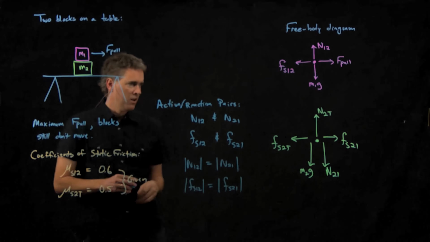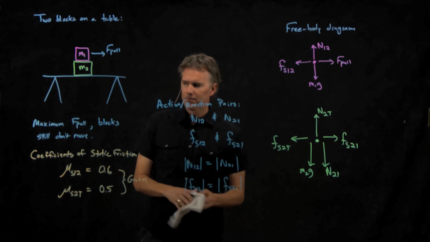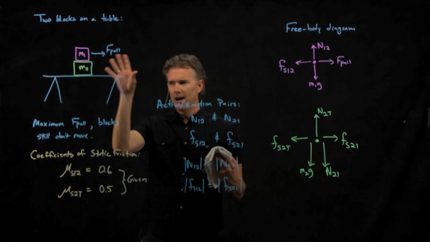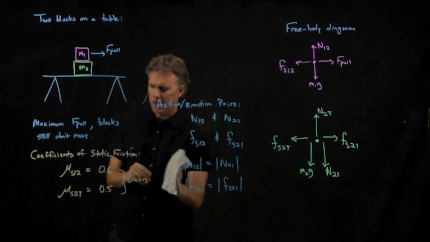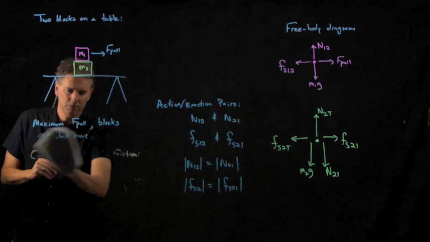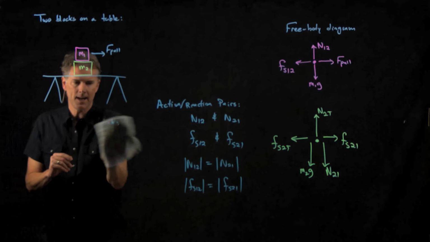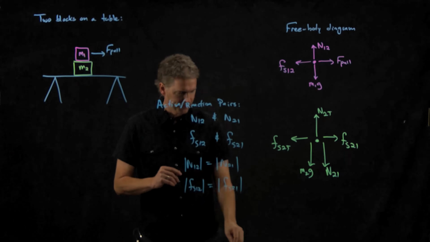Okay? So now that we have this free body diagram set up, how are we going to deal with this problem? How could we possibly figure out what is the maximum pull that we could have and this thing still doesn't move? Well, we need to do some math, right? We need to write down Newton's second law, and then we have to do some math.